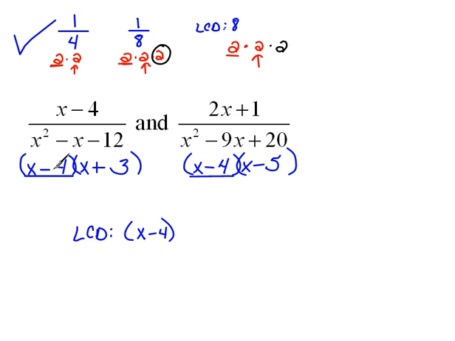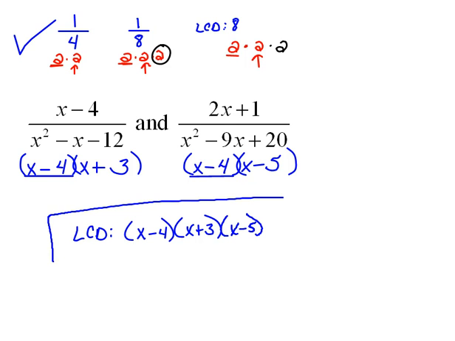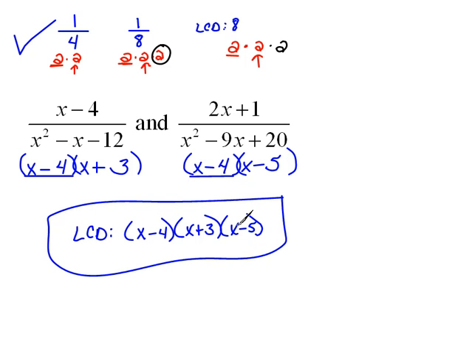It accounts for 1 in each set. Now we have to also take everything else. So we have to account for the x plus 3, and we also have to account for the x minus 5. So our LCD is actually 3 different binomials in this problem.